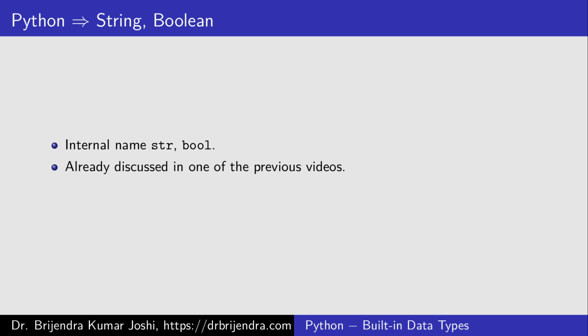Now string and boolean. The internal name for string is str, and the internal name for boolean is bool. We have already discussed str and bool in one of the previous videos. Remember, a boolean variable of type bool can take on values true and false.